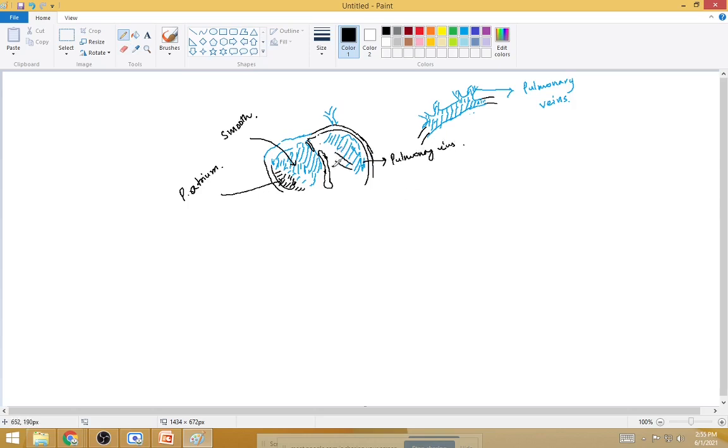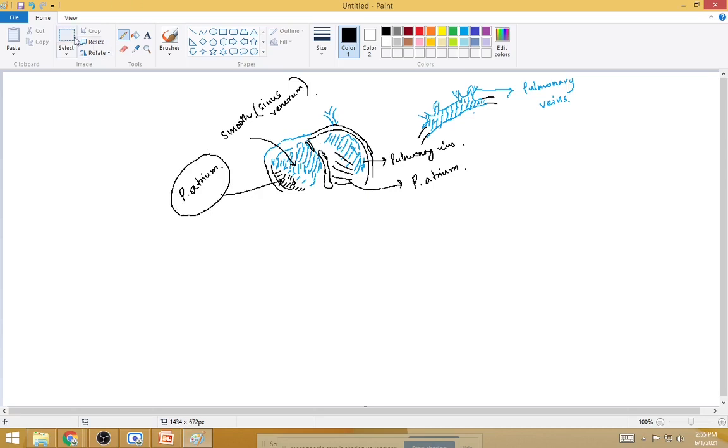And this part is rough, which is formed by, again, the primitive atrium. This smooth part in the adult heart is known as the sinus venarum, and the rough part is developed by the primitive atrium. So this is how the atria are developed.